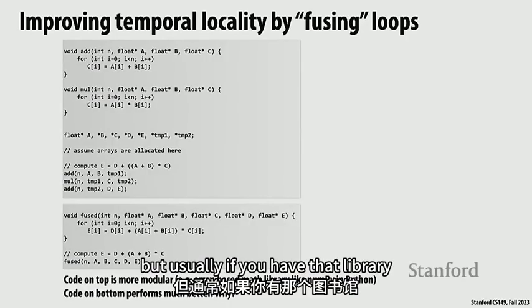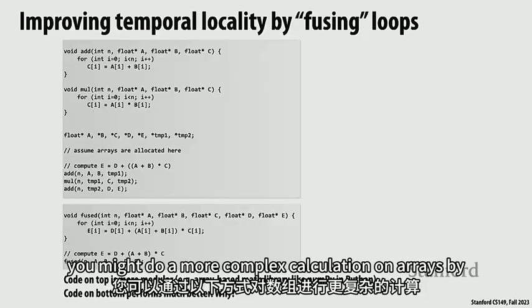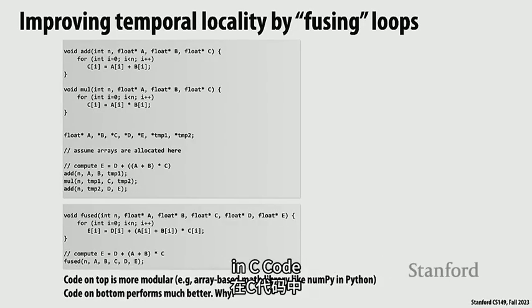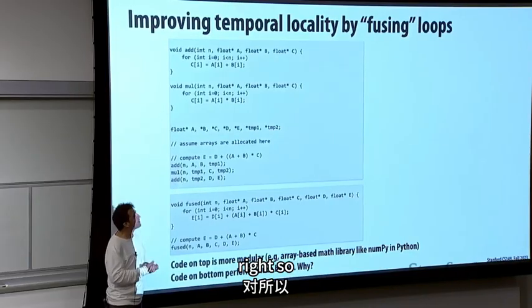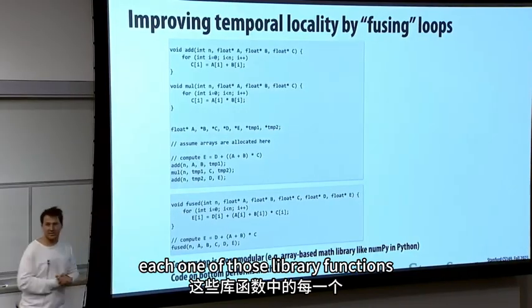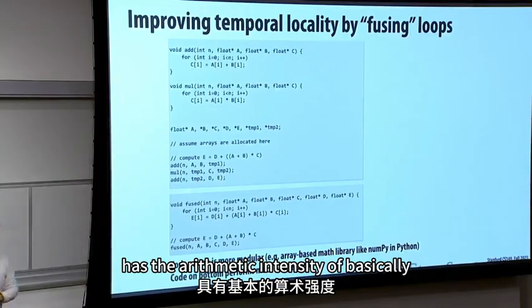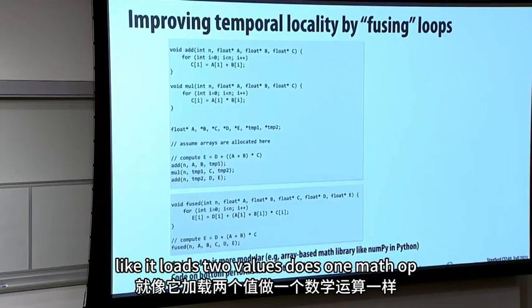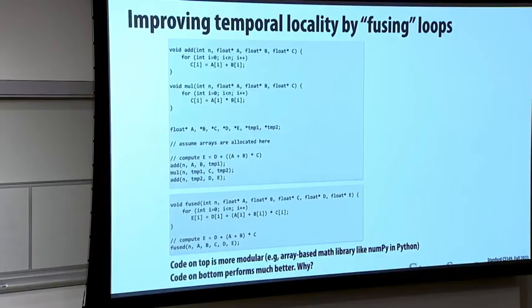Usually if you have that library, you might do a more complex calculation on arrays by performing some expression, which I wrote here in C code. Each one of those library functions has the arithmetic intensity of basically our thing from the slide before: it loads 2 values, does 1 math op, writes 1 value.